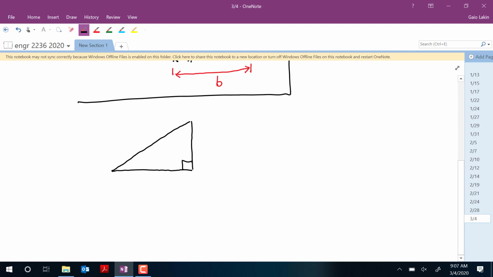This is 90 degrees, and this is going to be B, the base, and this is going to be H. And I'm going to put the coordinate system, the origin, at the point. So this is the positive x-axis, and this is the positive y-axis.